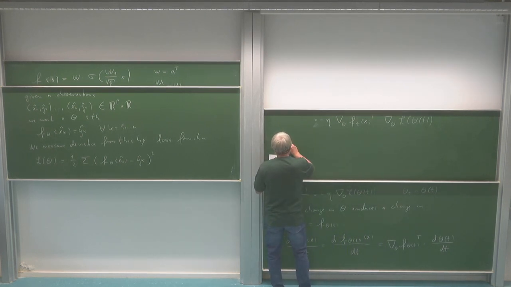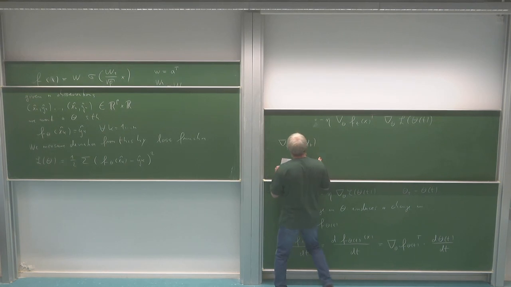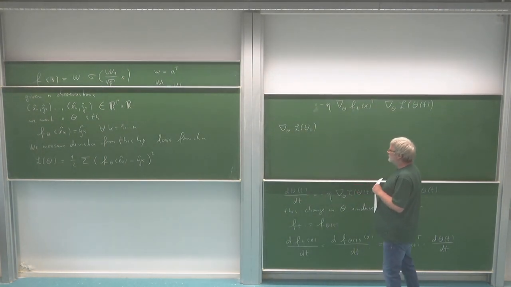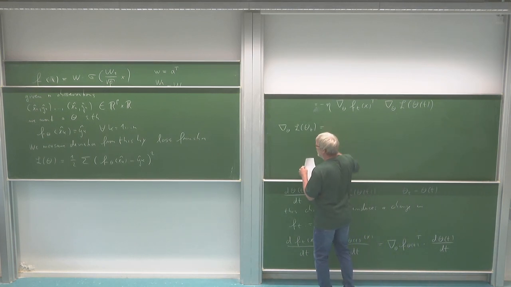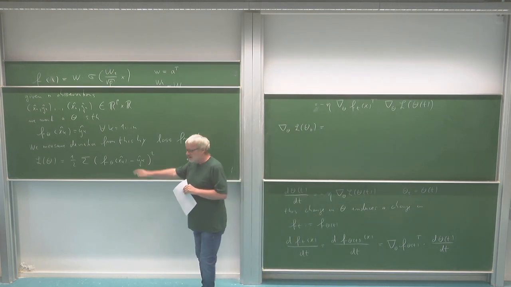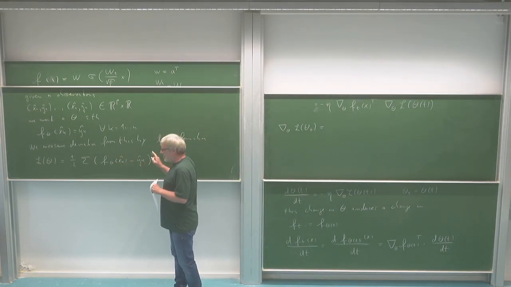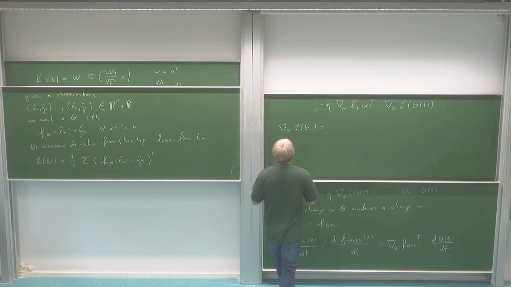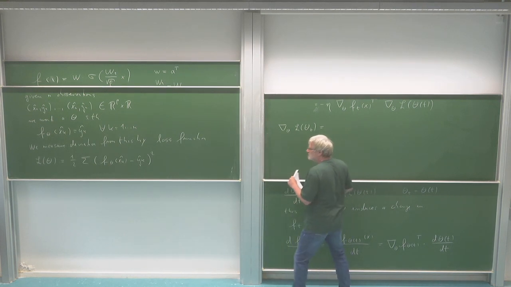So this is the derivative of my loss function of the parameters at time t with respect to theta. Now you see why I have this 1/2 here, because I take the derivative of the square, so I get down a 2. But I have this sum.